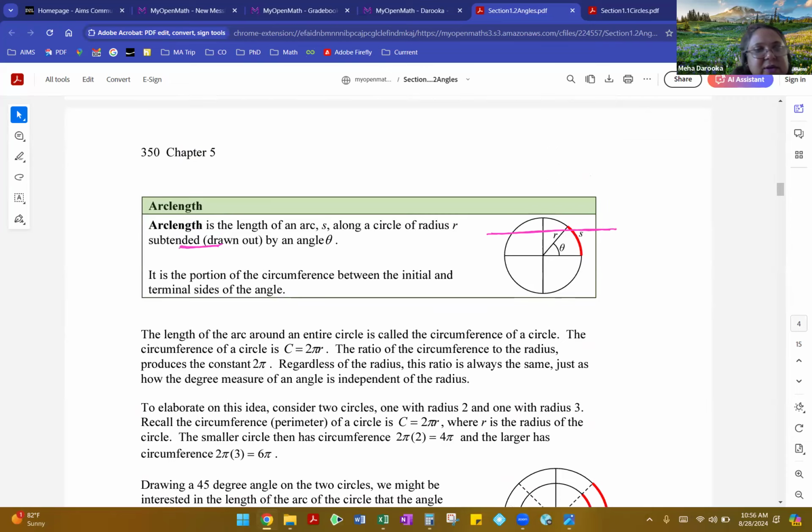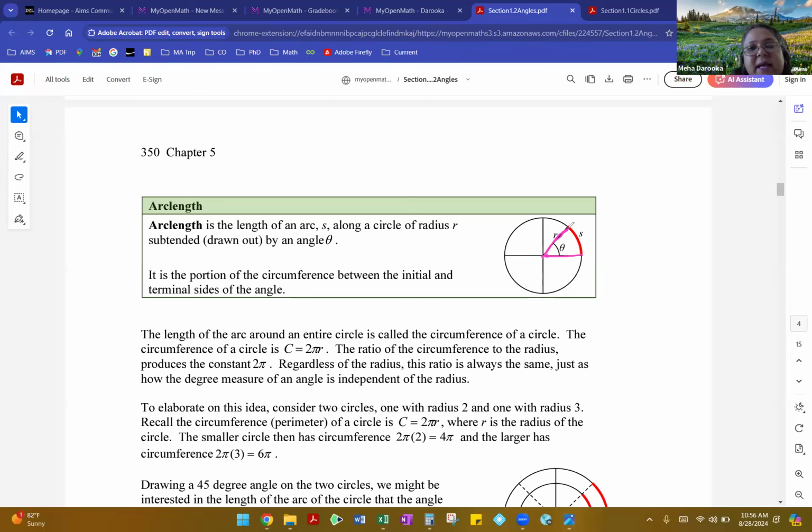So let's take a look at how we come up with radians. We're basically talking about the arc length, the length of an arc, the arc that you see in the red color here in the diagram, which is made by taking the initial side of the angle and the terminal side of the angle.